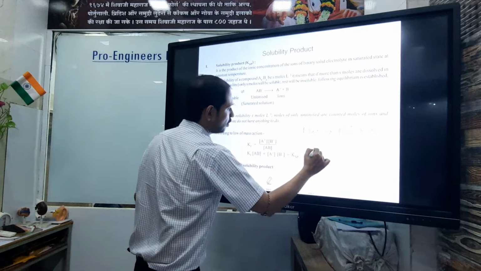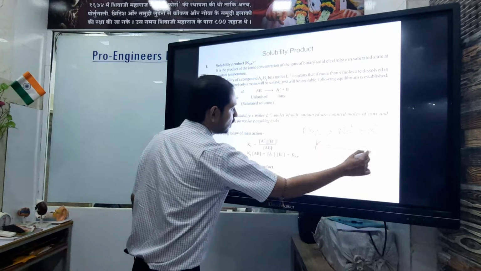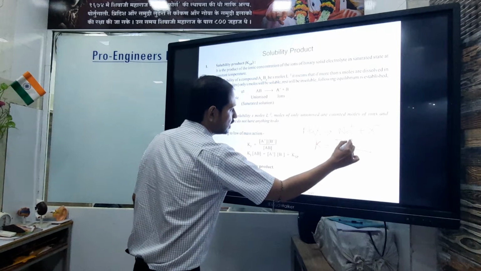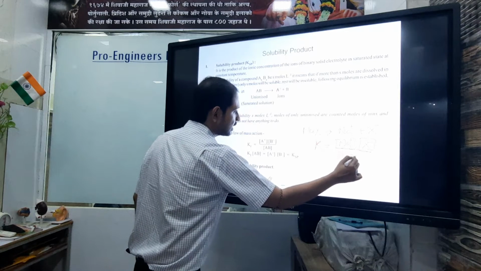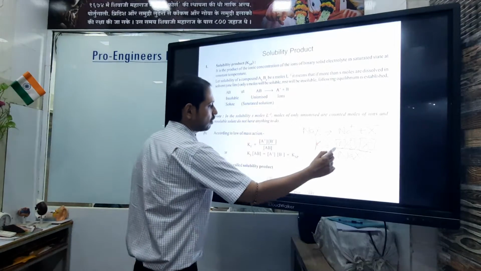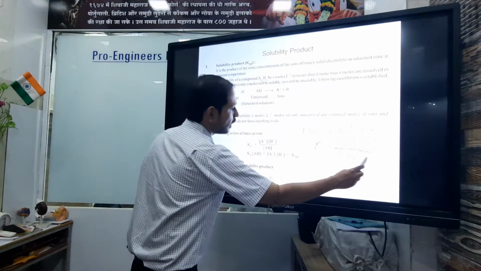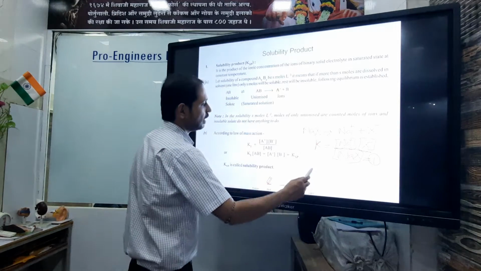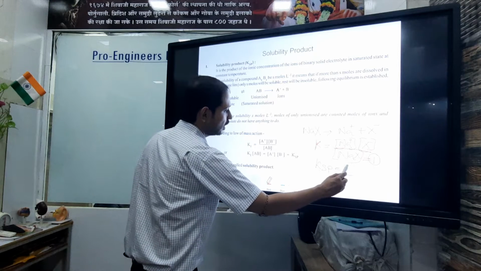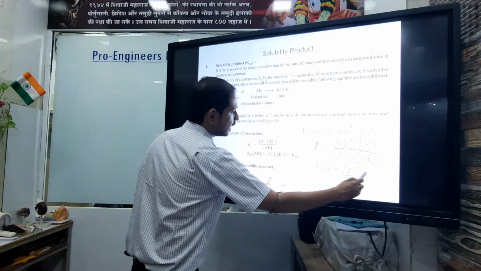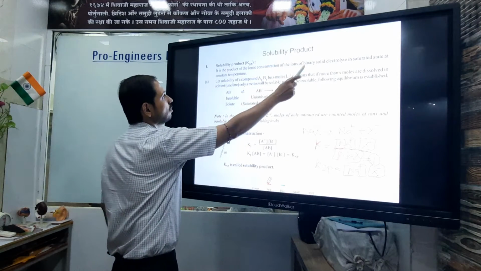Now if we write the equilibrium constant, we can write Na plus concentration into X minus concentration divided by NaX. Now we consider NaX equivalent to 1, so we can write the solubility product equal to Na plus into X minus.